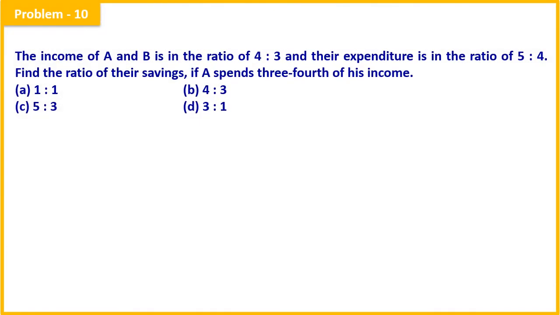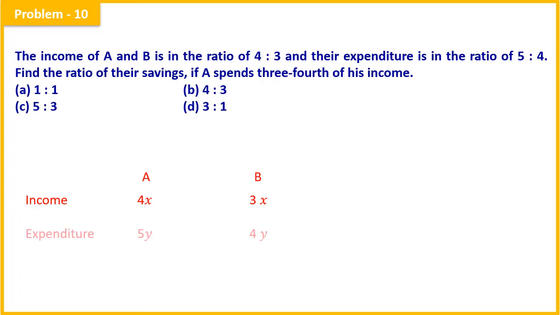Problem 10. The income of A and B is in ratio of 4 is to 3 and their expenditure is in the ratio of 5 is to 4. Find the ratio of their savings if A spends 3/4 of his income. So there are two persons involved here, A and B. Let us say if A is earning 4x, in that case B is earning 3x.